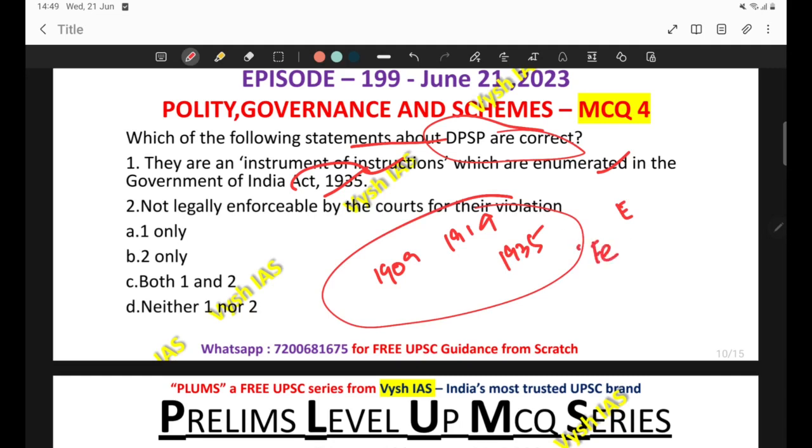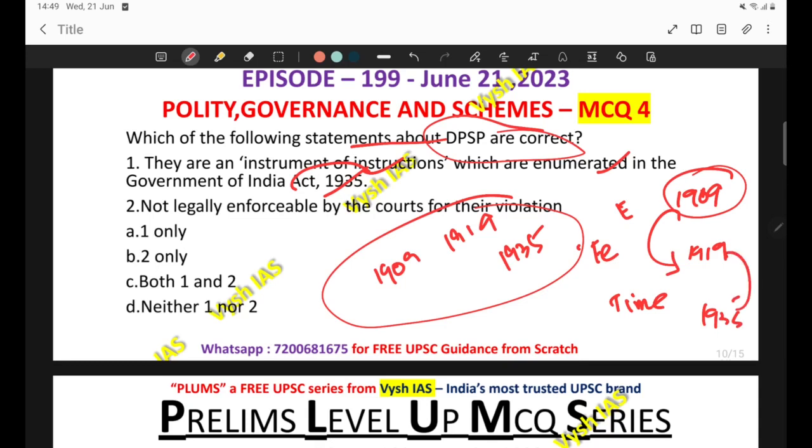You have to learn them by heart, or logically through a timeline or progressive approach. Like during 1909 a few rights were given, then 1919 came in and more rights were given, and in 1935 more developments were made.